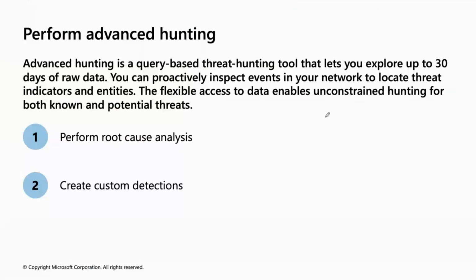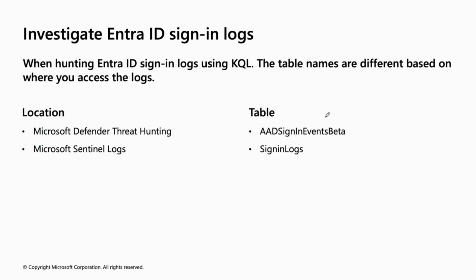So by doing this advanced hunting, you can perform root cause analysis. Why something has happened, why this incident was triggered, right? So that you can take care for the next time and create custom detection. If something happens, it is going to create the alert and will detect the same. Then team we have Entra ID sign in log.